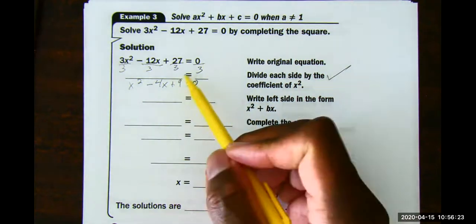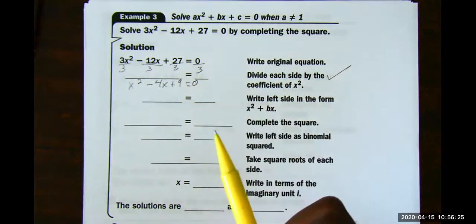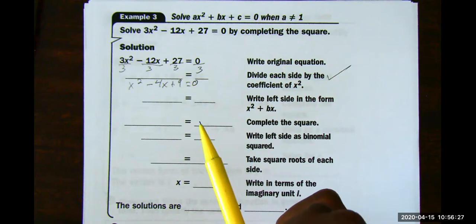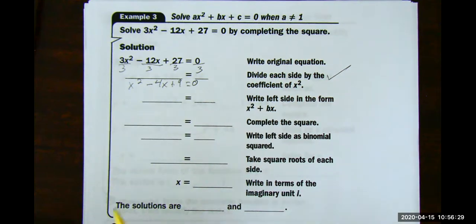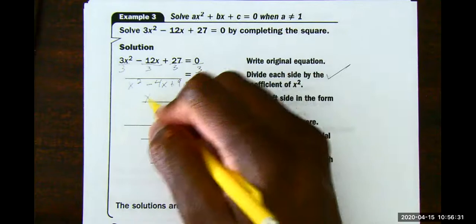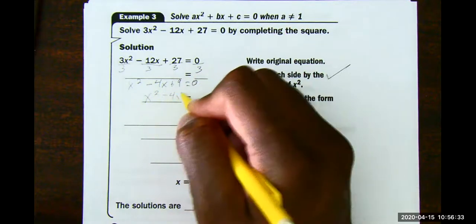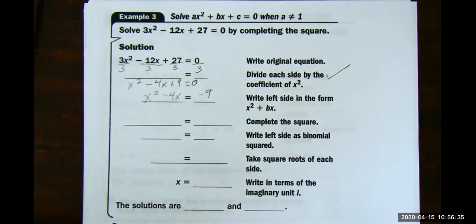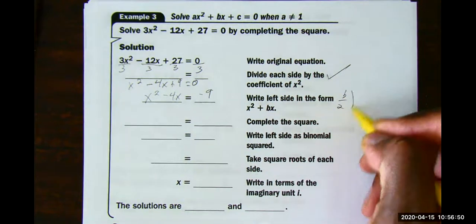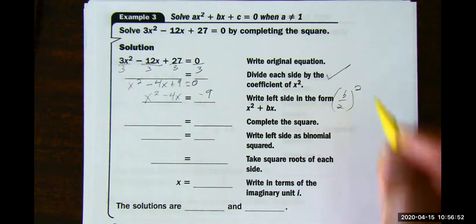Now let's solve and send this over. x squared minus 4x equals negative 9. Now we're going to complete the square by adding b divided by 2 squared to both sides.